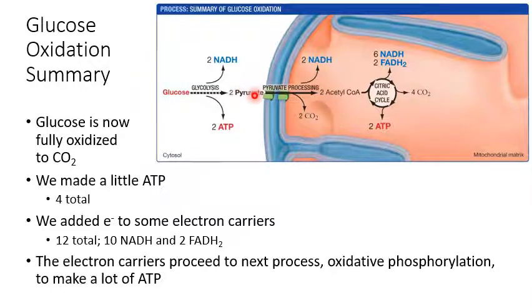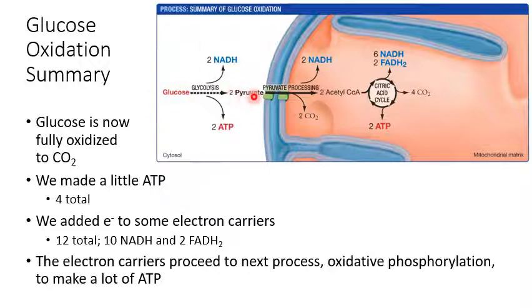Each pyruvate has 3 carbons. Each acetyl-CoA has 2 carbons that had come from glucose. The acetyl part is 2 carbons, so that means that you've lost 1 carbon in pyruvate oxidation. That carbon is lost as a carbon dioxide. Of course, pyruvate oxidation is going to run twice for every glucose, since you made 2 pyruvates from 1 glucose.